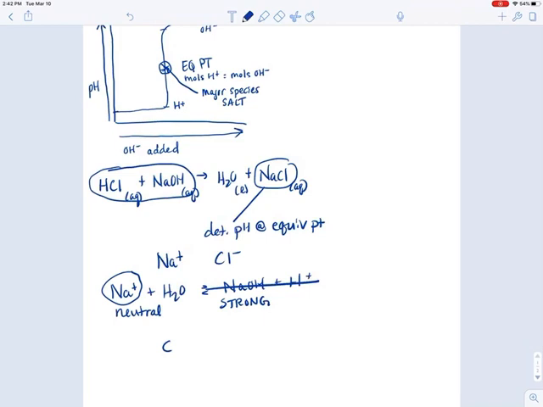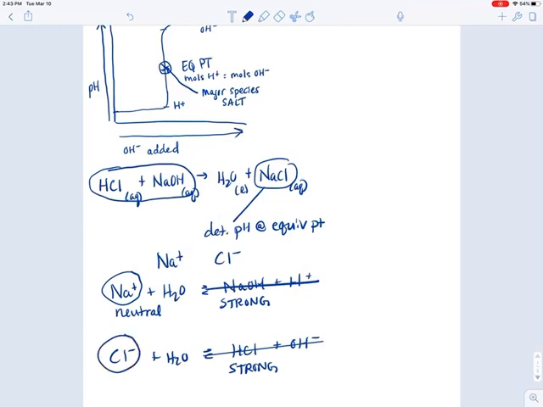So a chloride reacts with water in hydrolysis to give rise to HCl plus OH- theoretically, but HCl is strong, completely ionizes. This species does not form.